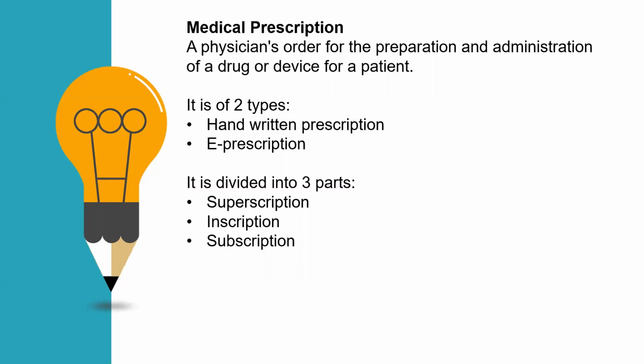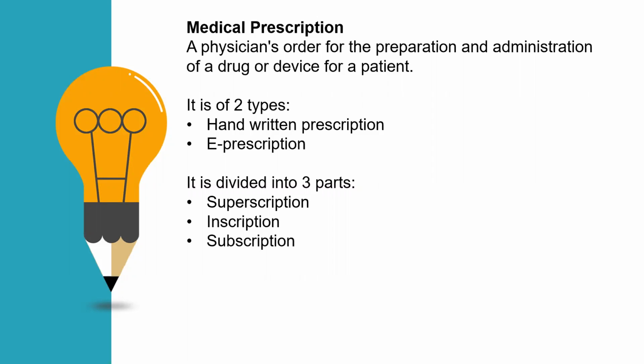Now, this prescription is divided into mainly three parts, and then there are certain subdivisions. So, first, the main three parts are superscription, inscription, and subscription. The superscription consists of the Latin word recipe, or you must have seen the RX symbol that is used. That is what superscription includes.